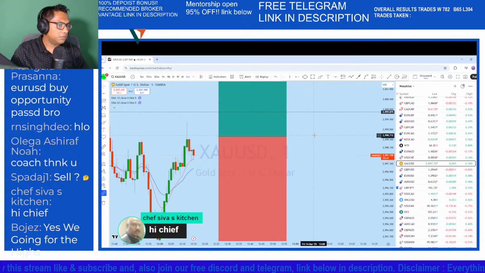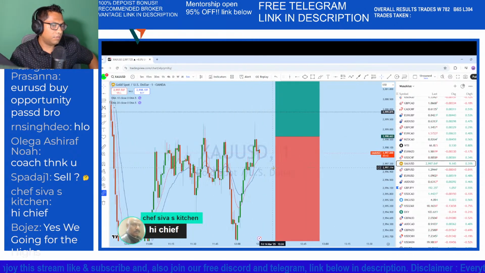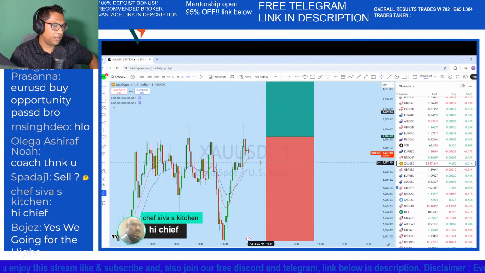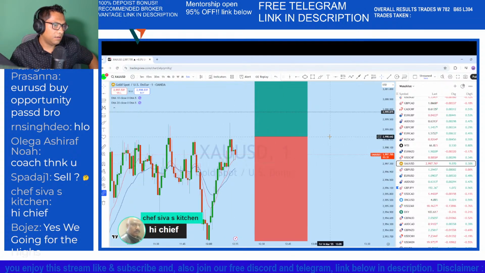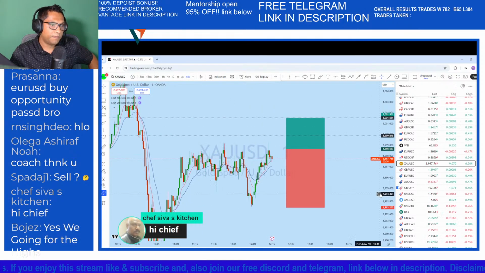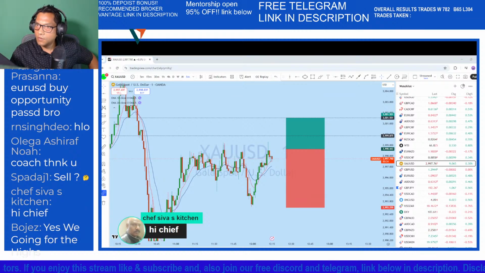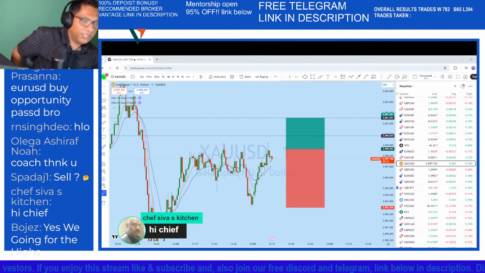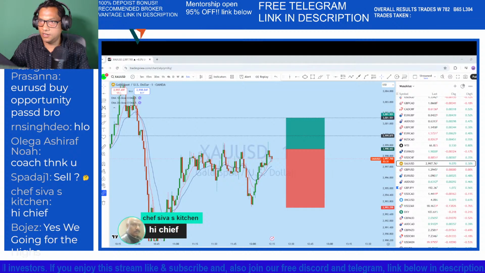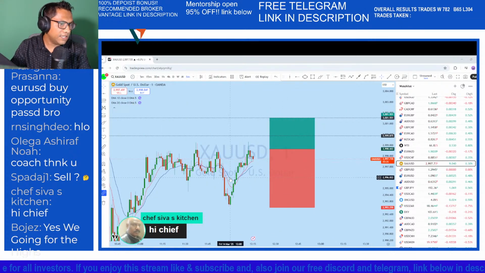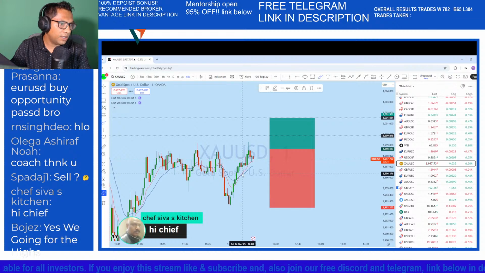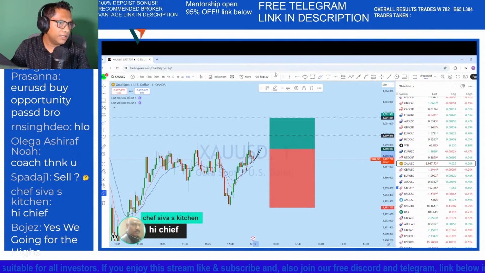So we see that there is a primary rejection here, and with this one here, guys, what we can see is quite a few long wick candle formations in that zone.